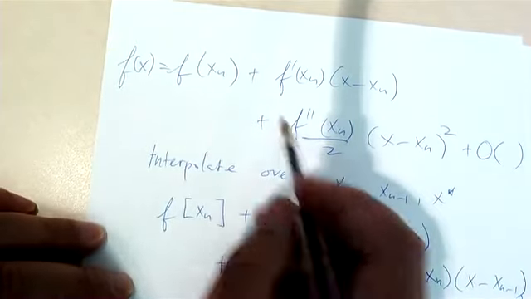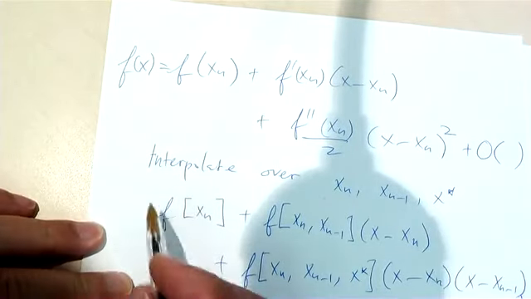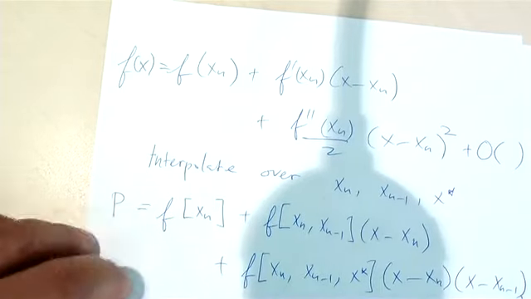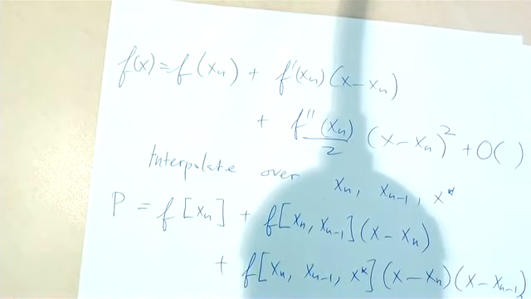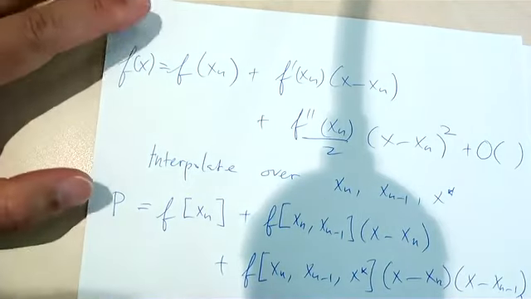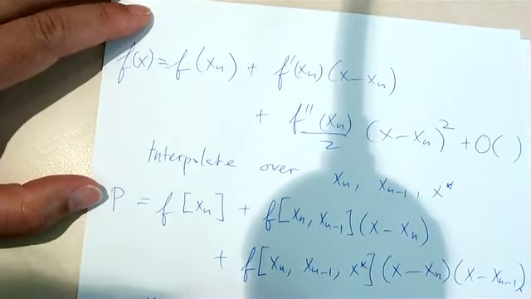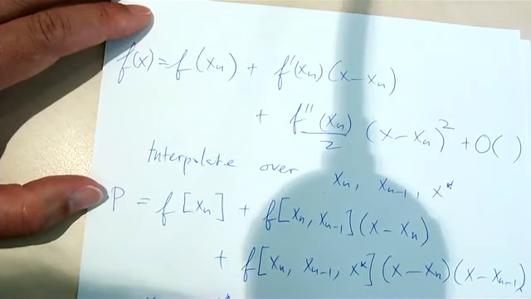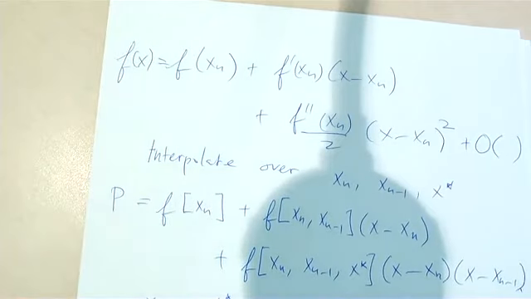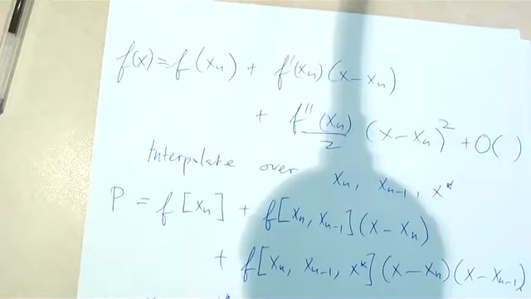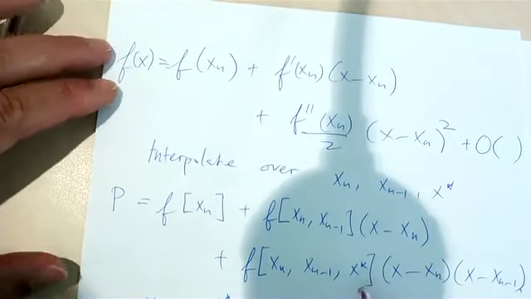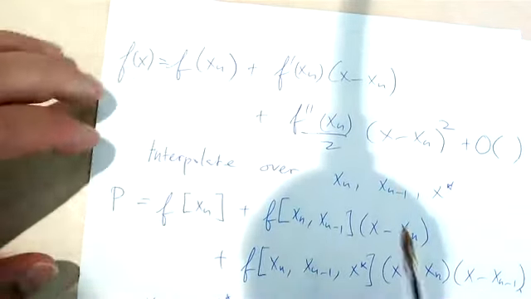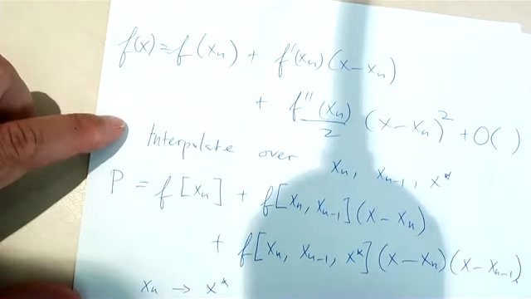Okay, so this is the Taylor polynomials, and this is the interpolation polynomials. When x_n and x_{n-1} go to x star, the Taylor polynomials will be the same as the interpolation polynomials.